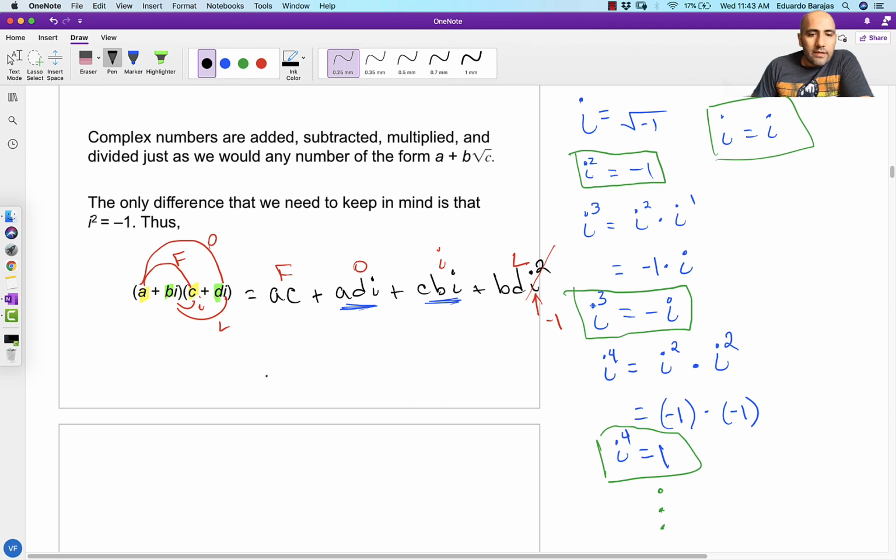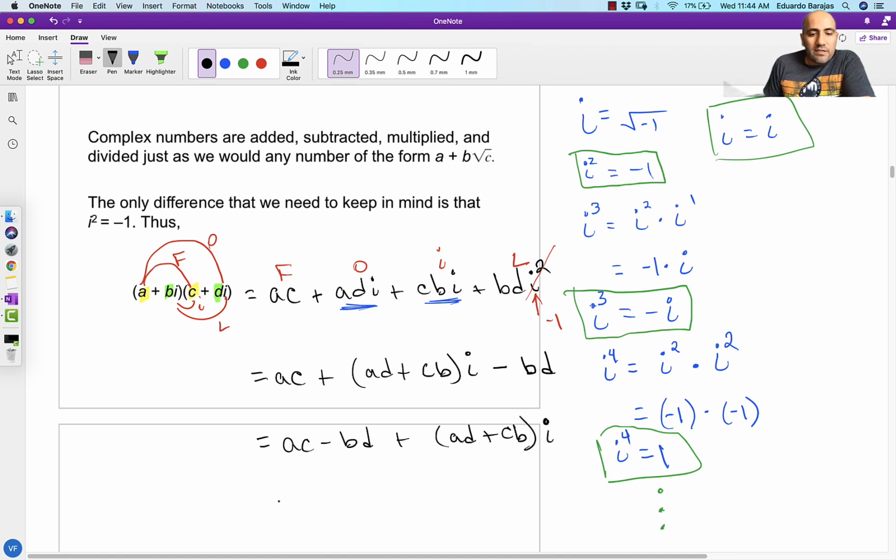I'll end up with ac plus, now I'm going to factor out this i, and we end up with (ad plus cb) i, and then a minus bd. Good. So combining these, I'll end up with ac minus bd plus (ad plus cb) i.